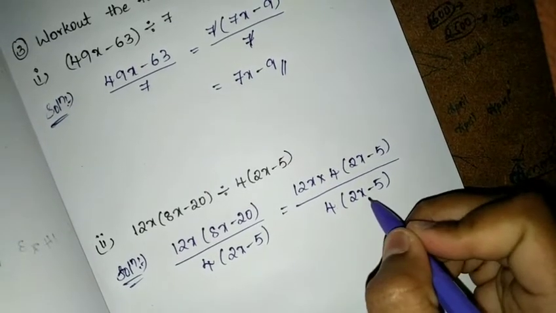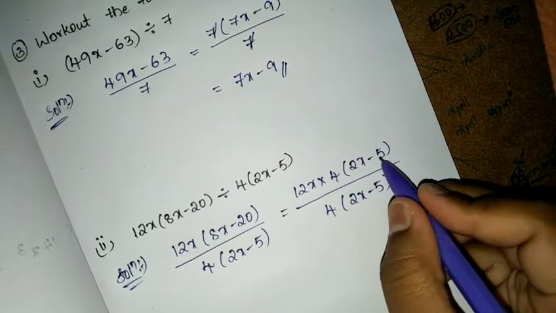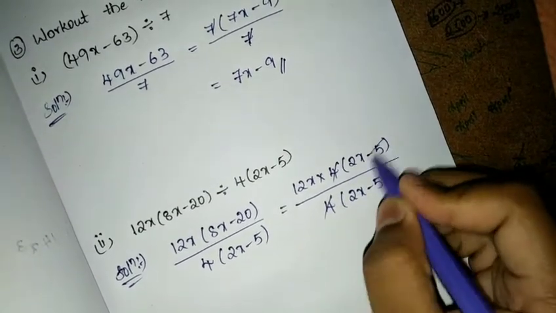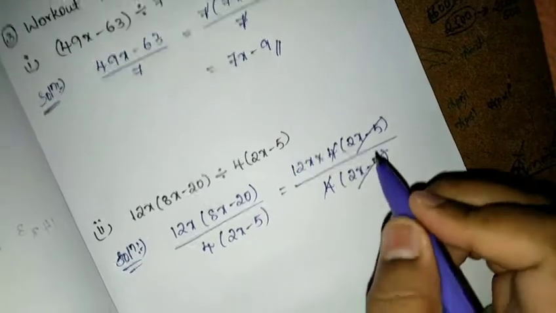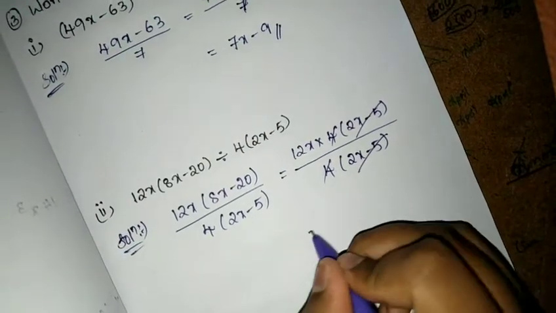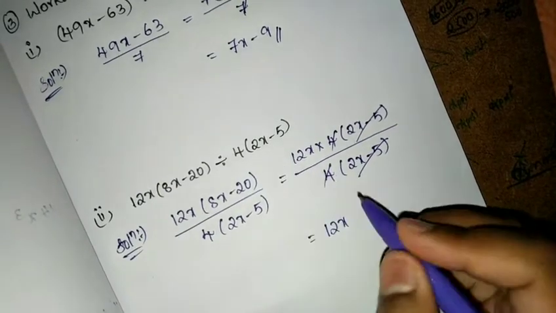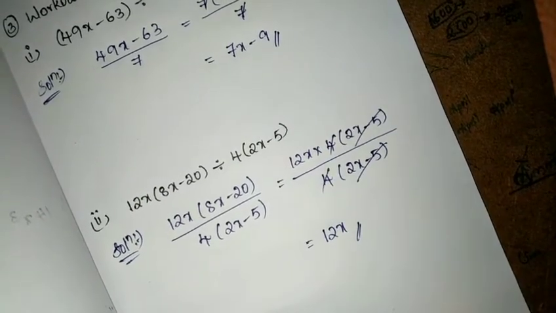So in numerator and denominator we have 4 into (2x minus 5), so we can cancel these two terms. Then we get 12x. This is our final solution for the second problem.